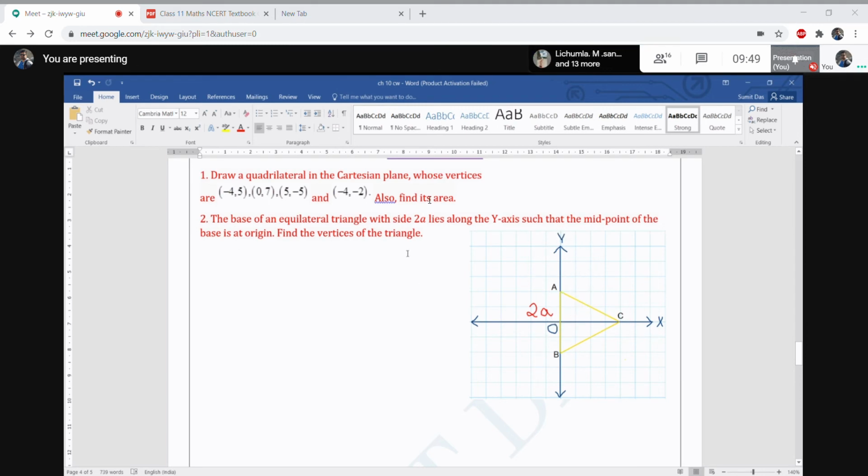Anyone can tell me? This is class 10, okay? What is the coordinate of A?